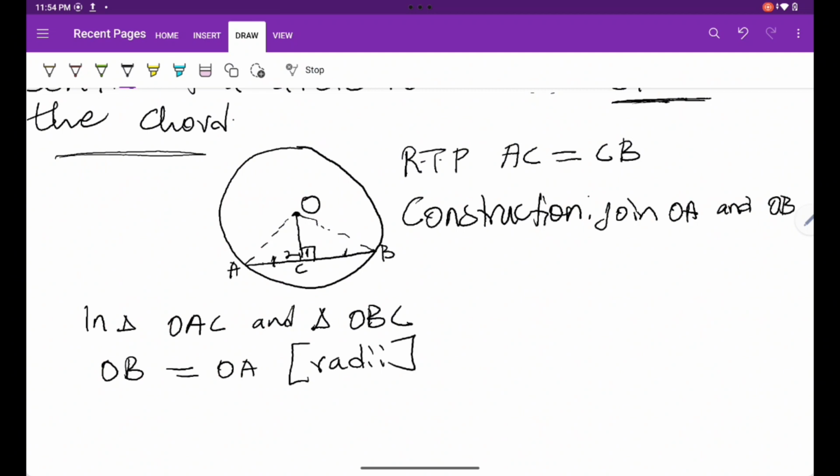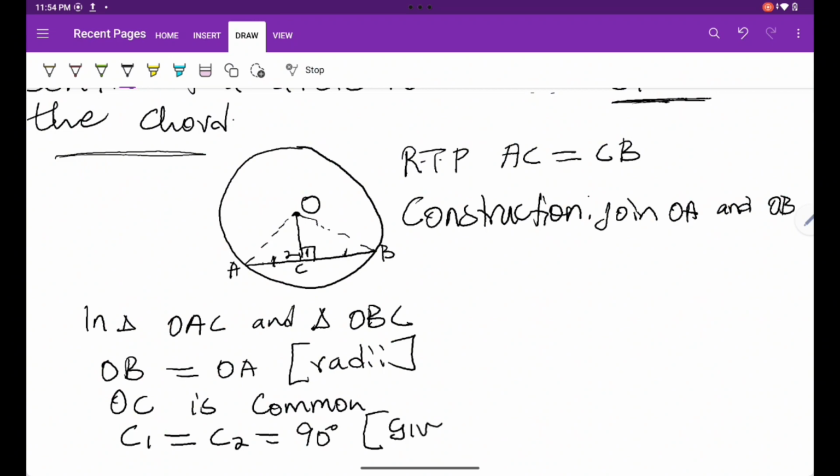Then we also have a common side OC. We have also been given that the lines are perpendicular, in other words, C1 equals C2 equals 90 degrees. This is part of the given information.